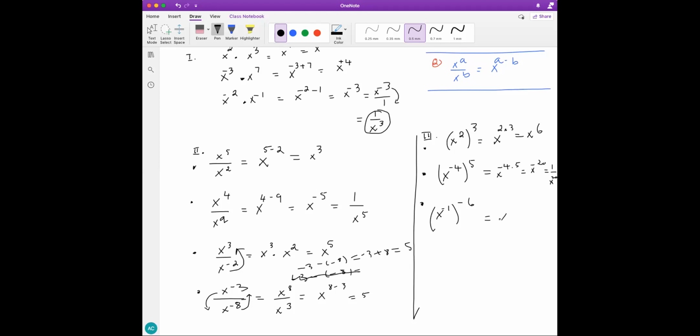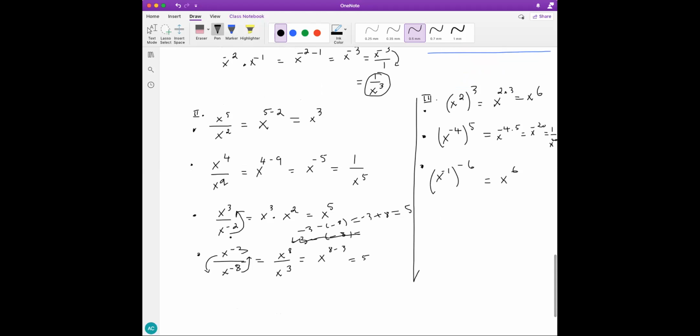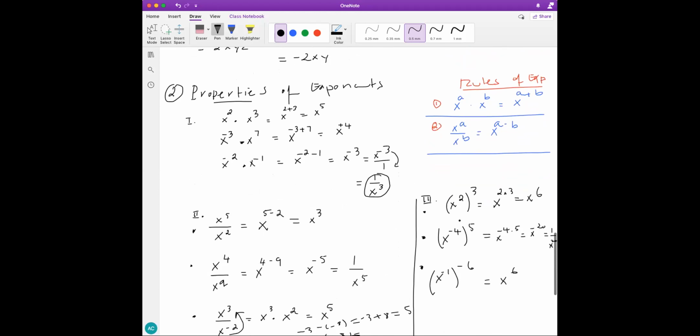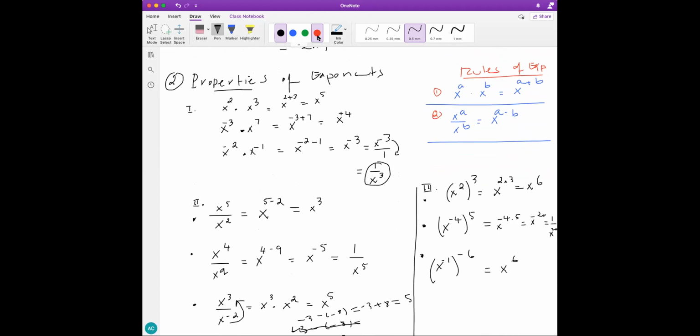It becomes x to the positive 6, because negative times a negative is positive. So it's faster and easier than flipping this and then flipping this. It's a lot of work, so with multiplication, multiply right away. If it's anything other than that, with a fraction, I suggest that you turn the powers positive first. So that's basically our third rule. So we're gonna write it here.